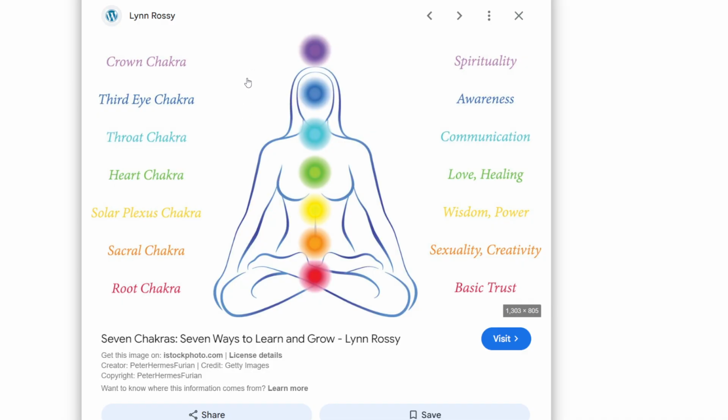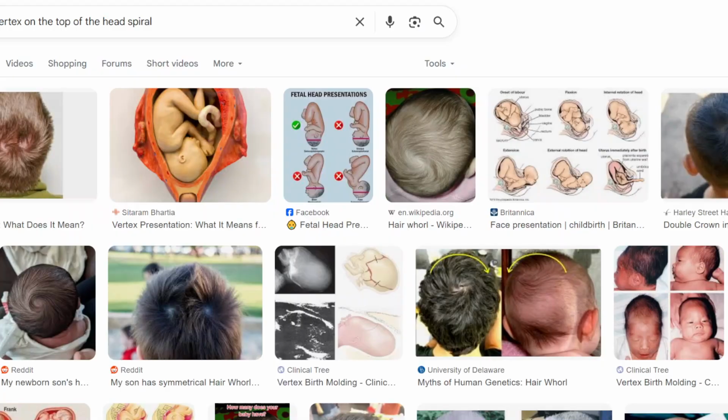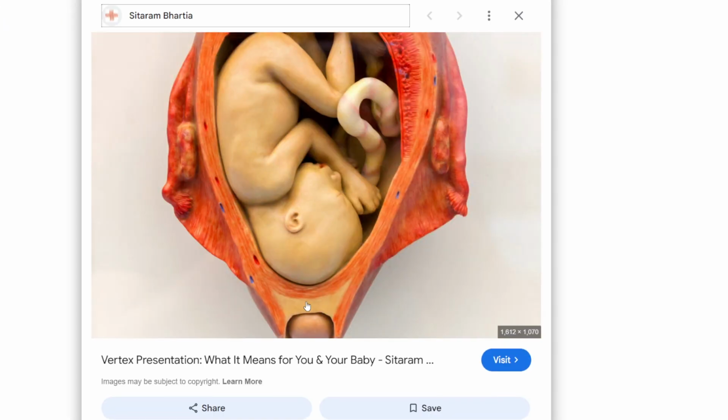What I have found, and I have read in religious text also, is that the body is given to us in the child's womb. When the child is in the womb, the head is touching this part.